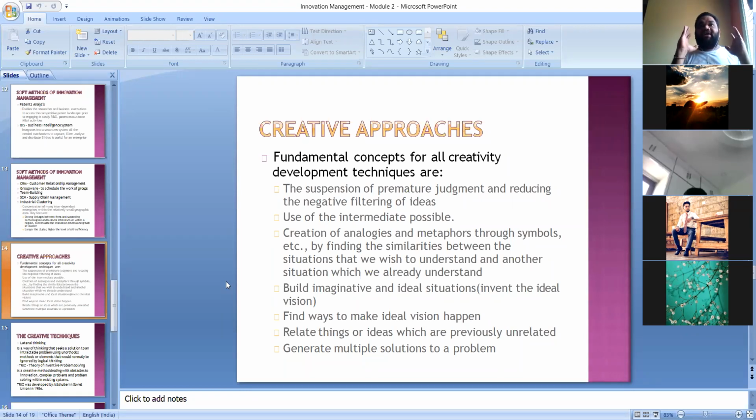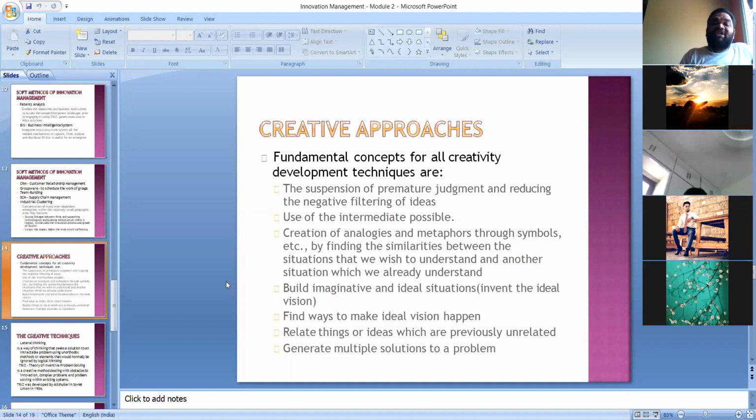I have already said that the idea is not only one; there are ideas. Whatever ideas, imaginations, and vision we have built, and the ideal situations we have created, we should not live only with these ideas, because we have some alternative ideas. Now we have to relate these ideas with what we have. That is, we have to relate things which are previously unrelated.